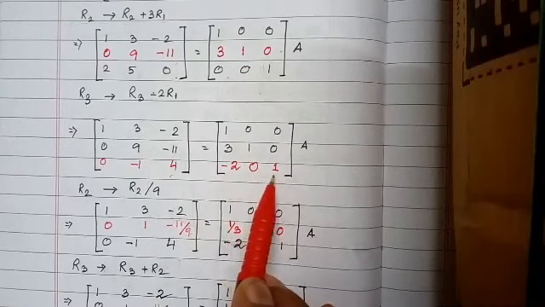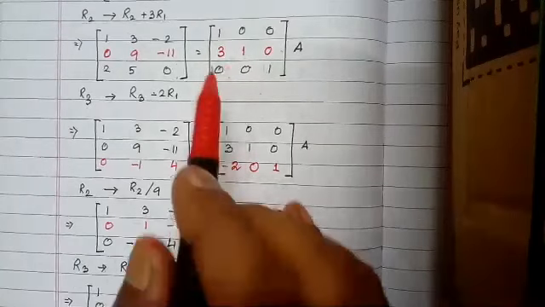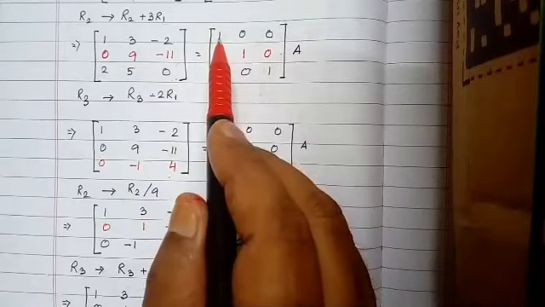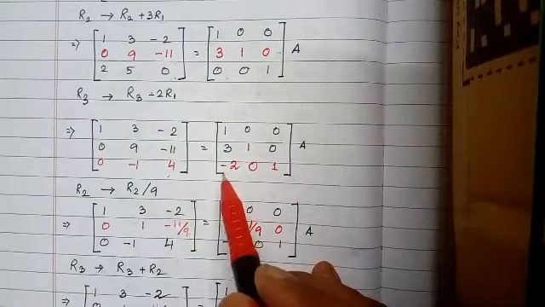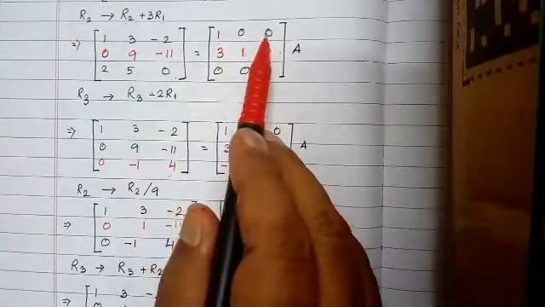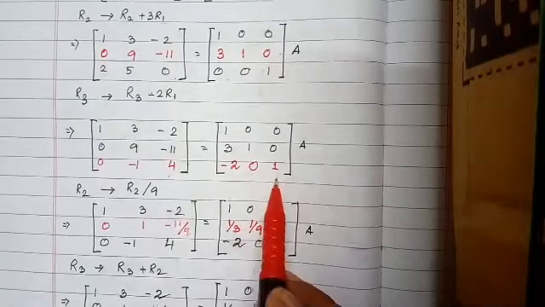Now R3 is replaced by R3 minus 2R1. So let us multiply this one by 2. Now 0 minus 2 is minus 2. As these are 0, they have no power to change, so this remains as it is.